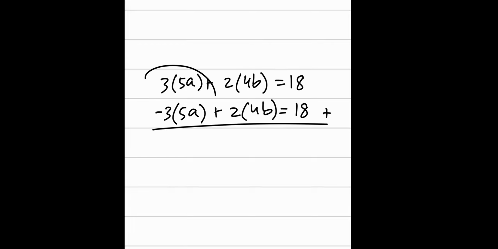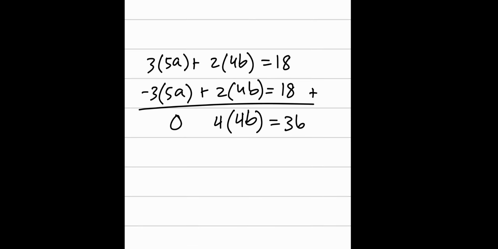If we add them, 3 times 5a minus 3 times 5a is equal to 0. And then 2 times 4b plus 2 times 4b, that would be 4 times 4b. And then 18 plus 18 is just 36. So if we solve this for 4b, you divide both sides by 4, you get 4b is equal to 9.